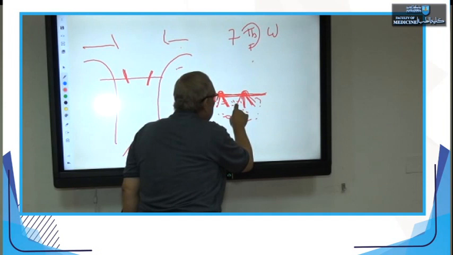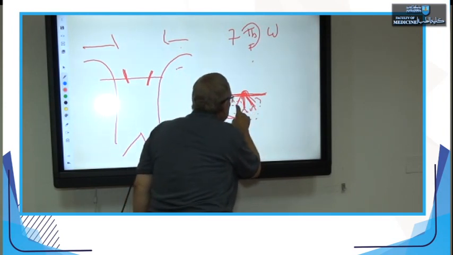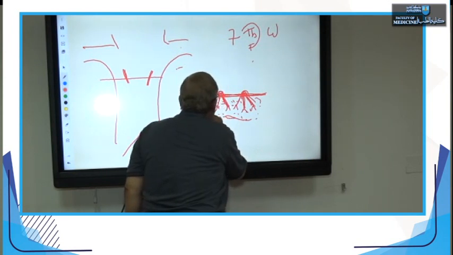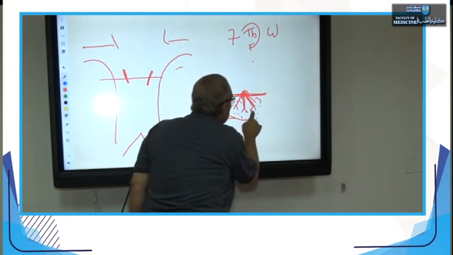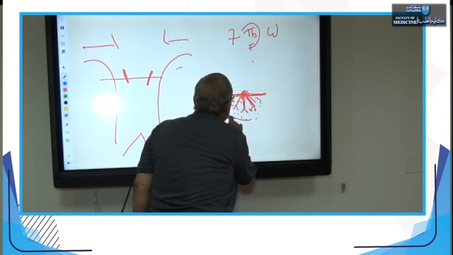These cores will branch, and they will finally terminate in dilatations, like this.